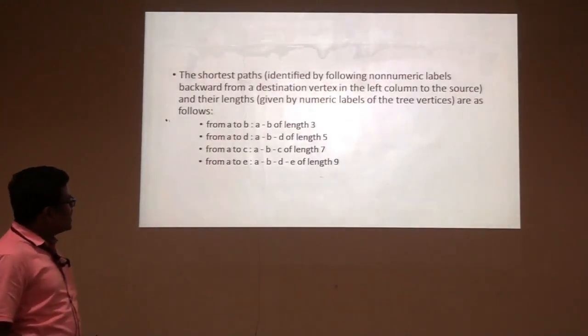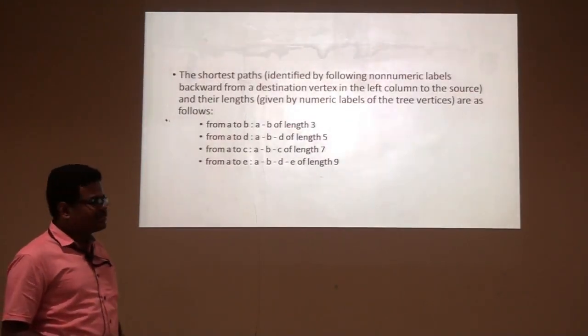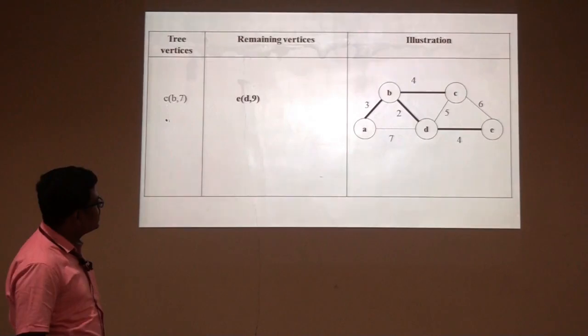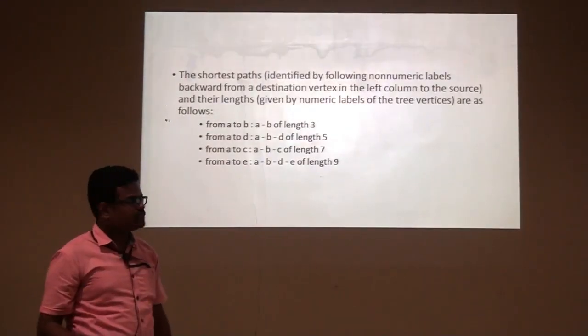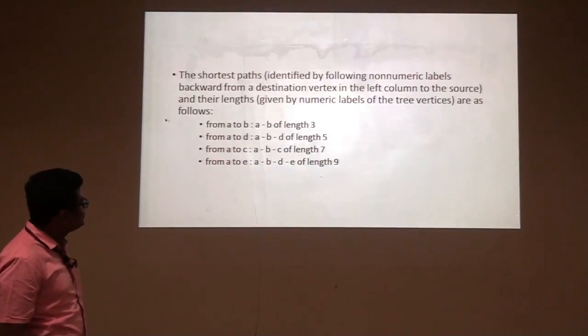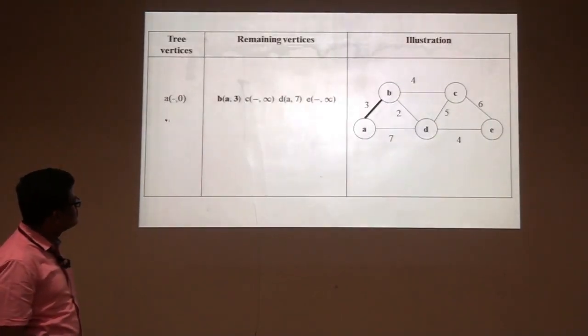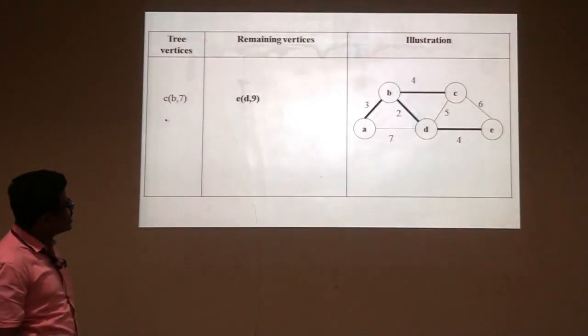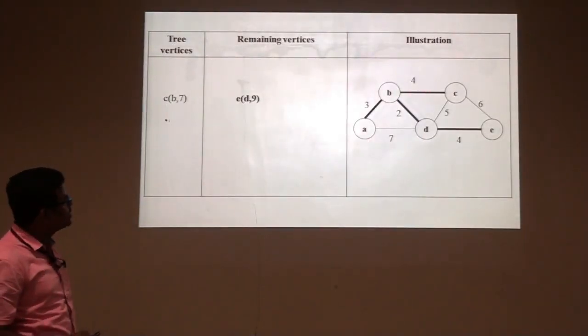Here, for each one we have to add the previous values. A to B has a cost of 3, so from A to B we have the minimum cost of 3.